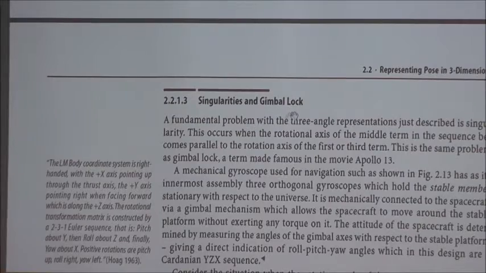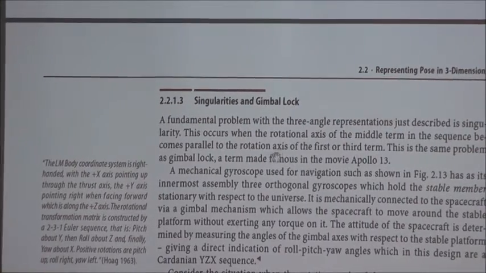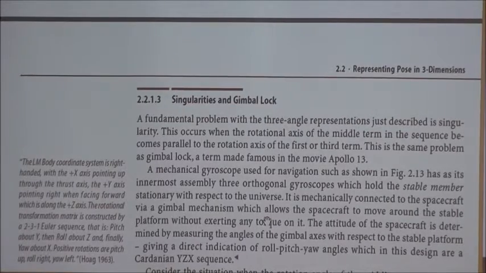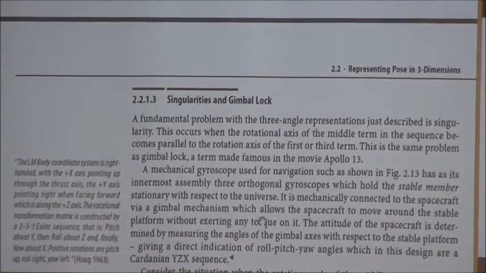Singularities and gimbal lock. Singularities are when the robot gives you a solution which is impossible to achieve. Okay, you have one location you want to go, but the location is not reachable. You cannot do it. Then that's a singular solution for the inverse kinematic.